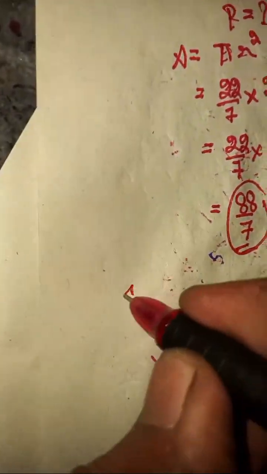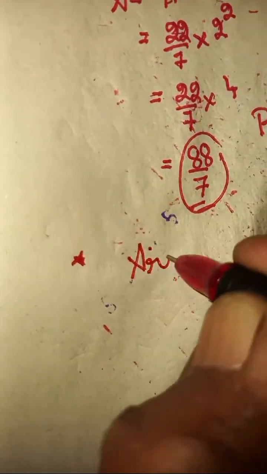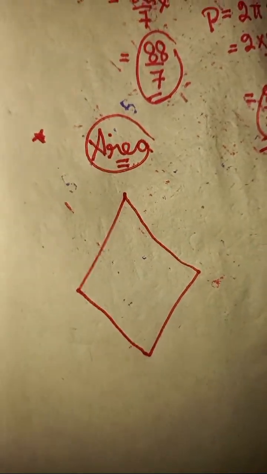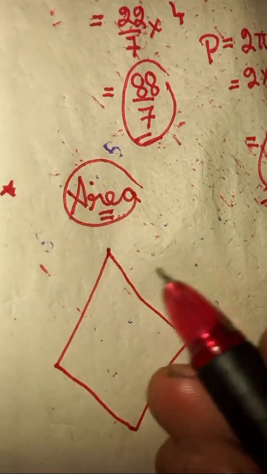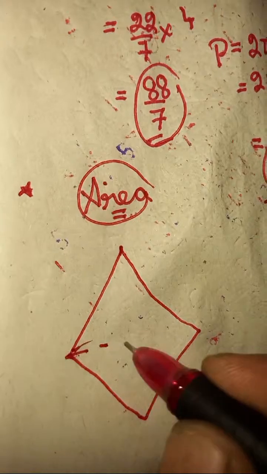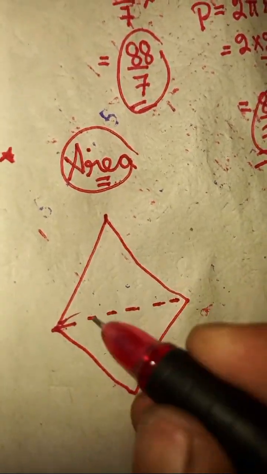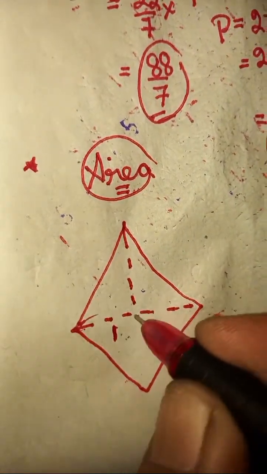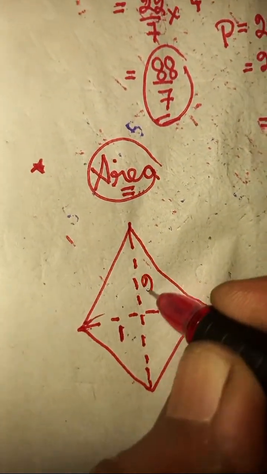Now I tell about how to find out area when the rhombus is given. If you take this rhombus, here they have given one of the diagonals as 1 unit and another diagonal equal to 2 units.